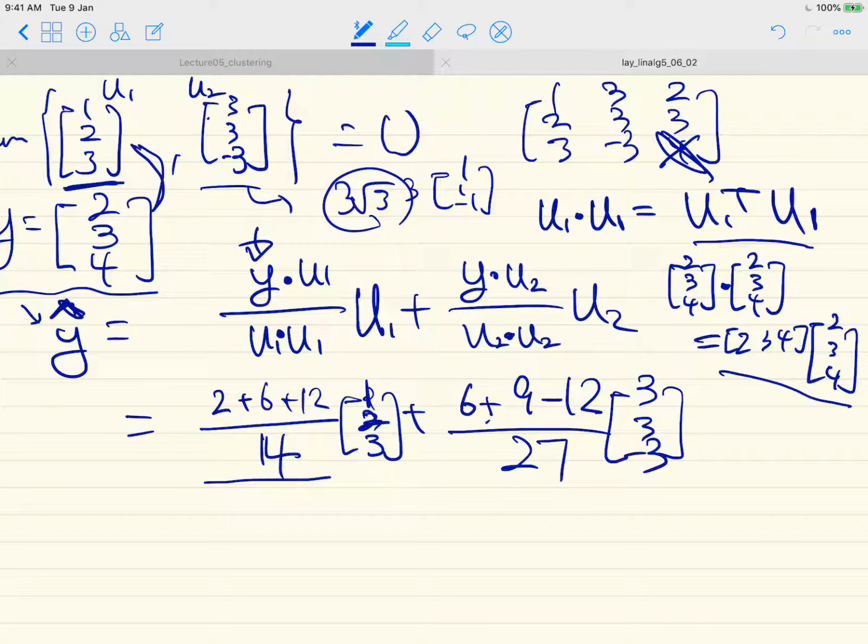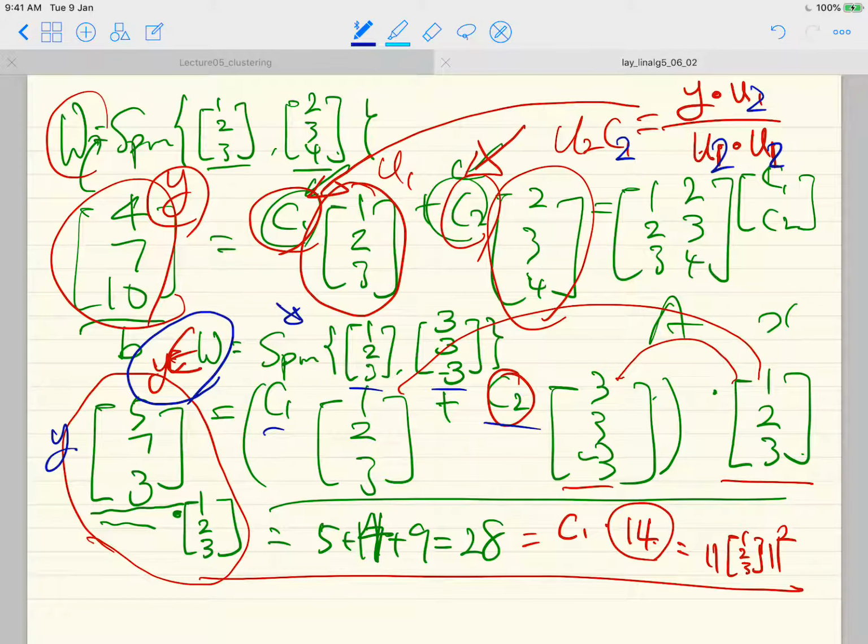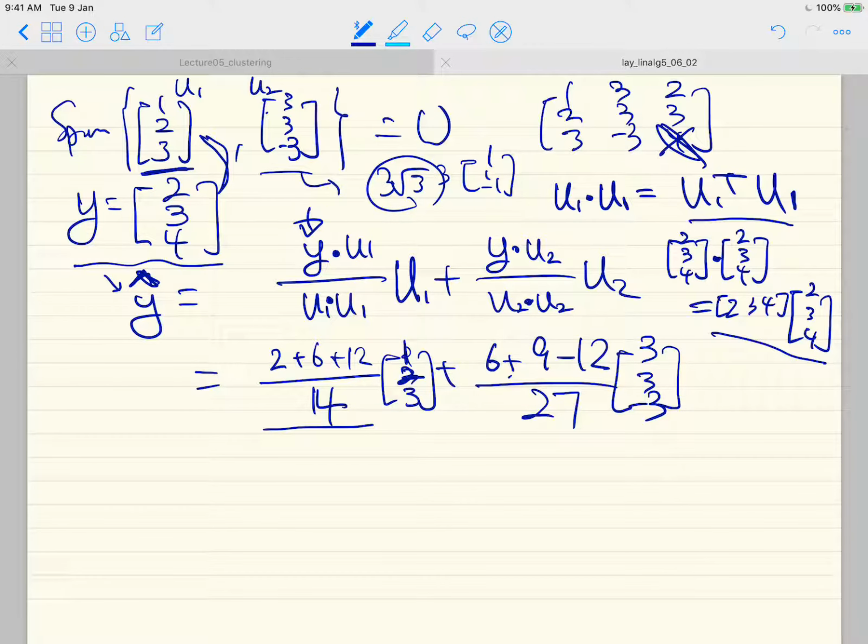Okay, so I'm claiming that this exact same representation as we were using in the case of y being inside of W. Here y is not inside of W, y is outside of W, and we just wrote this representation anyway.